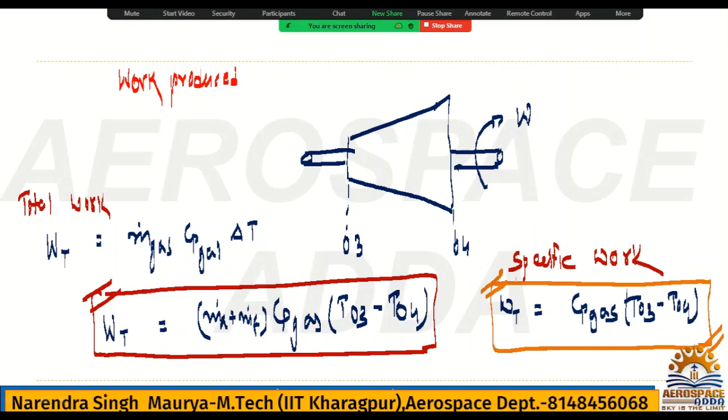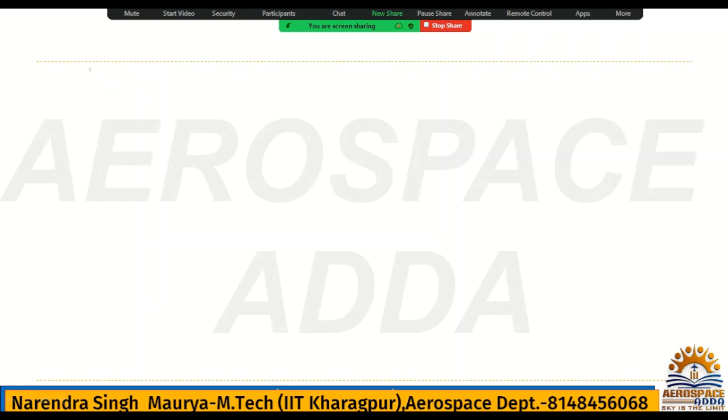Now the third point. This is the second point for the turbine here. Coming to the third point of the turbine, what is it? It is work supplied to the compressor.